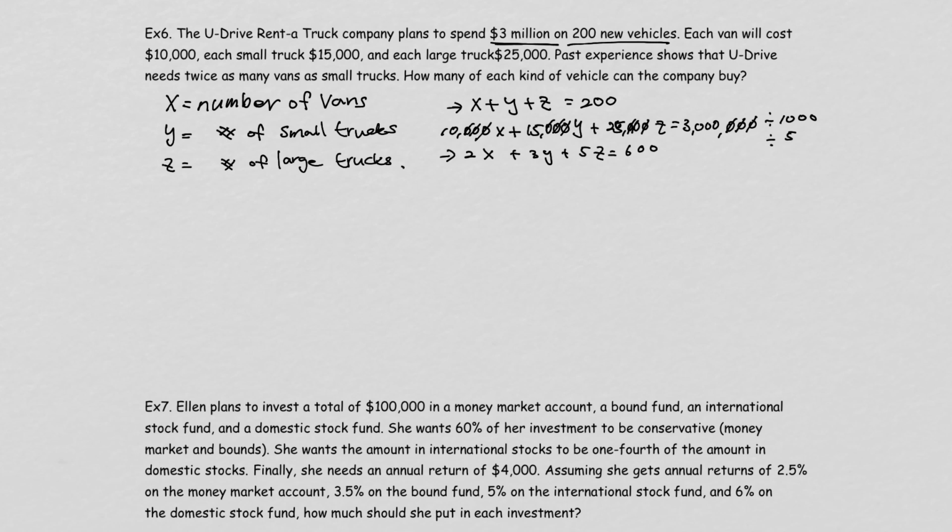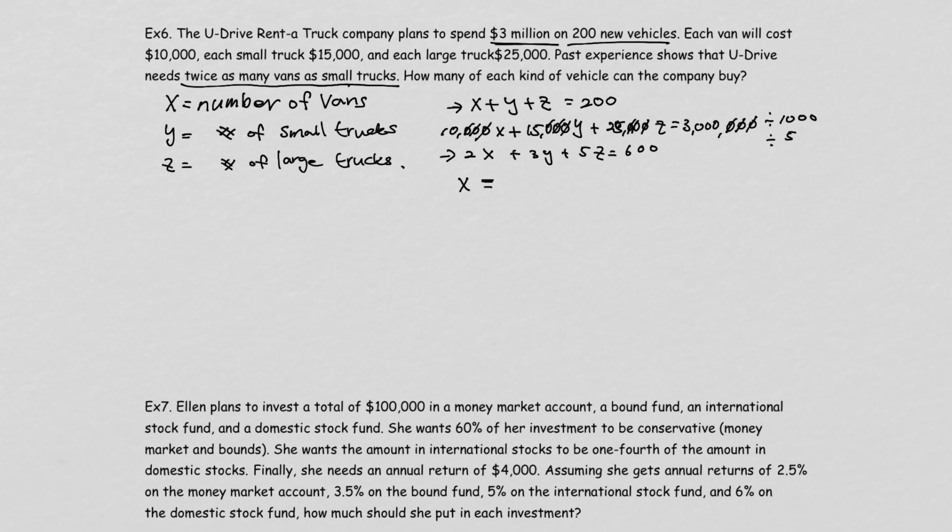What else is given? It's twice as many vans as small trucks. So the van, which is the x value, has to be twice as many.